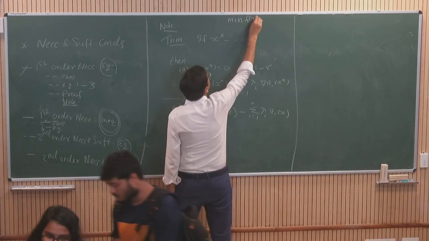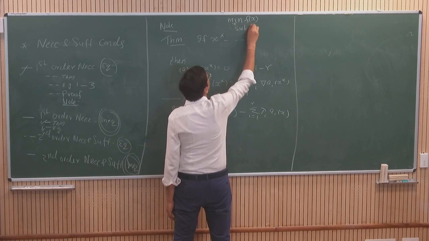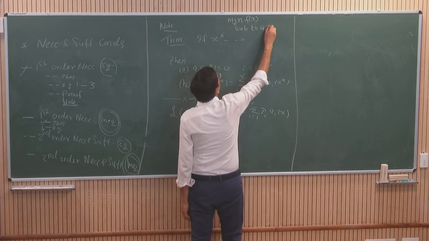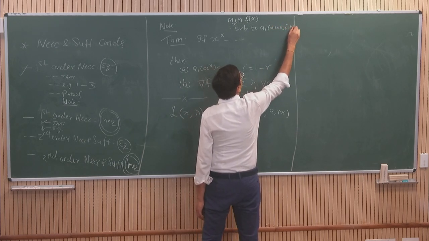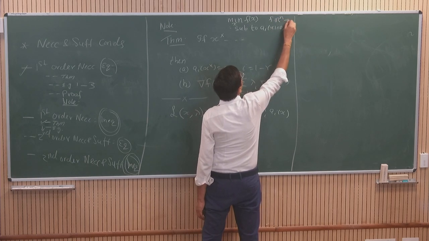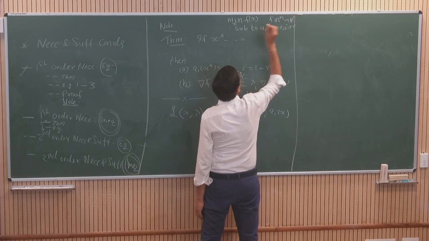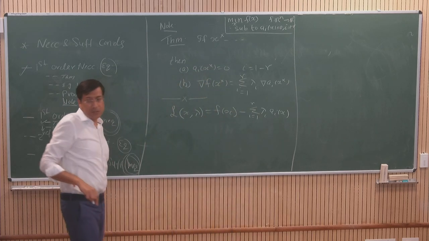Minimize f of x with respect to x, subject to ai of x equal to 0, i going from 1 through r, f going from an n-dimensional space to a one-dimensional space. This is the original optimization problem.